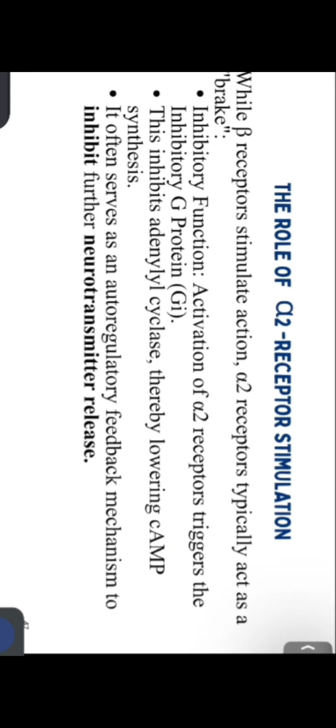It often serves as an autoregulatory feedback mechanism to inhibit further neurotransmitter release. So compared to beta 2 bronchodilation, the alpha 2 receptor inhibits further neurotransmitter release.